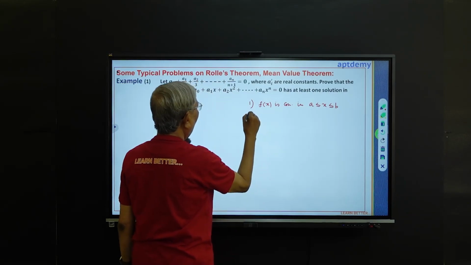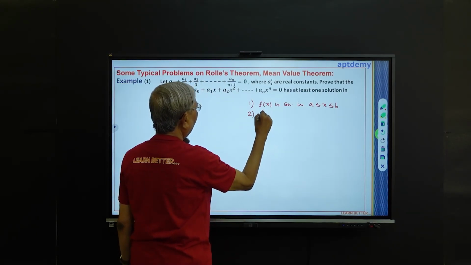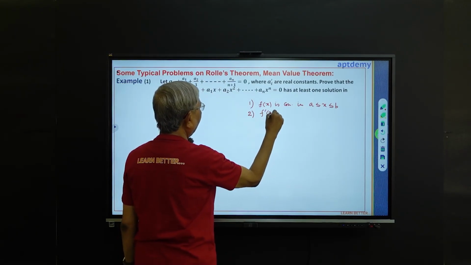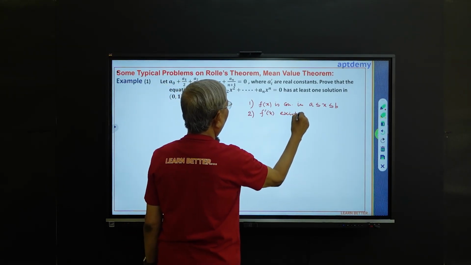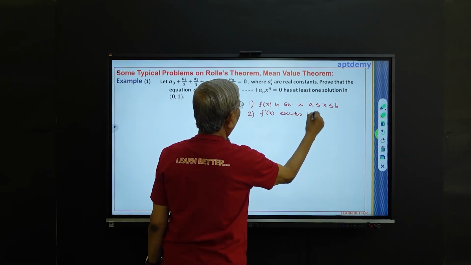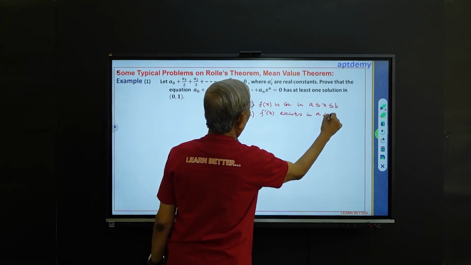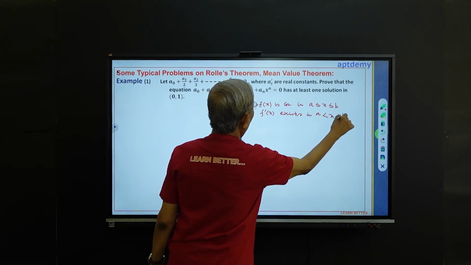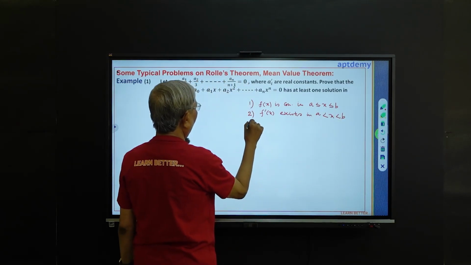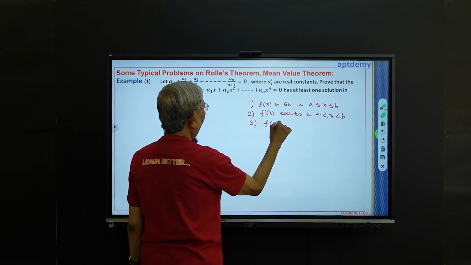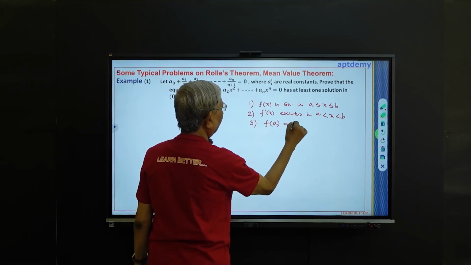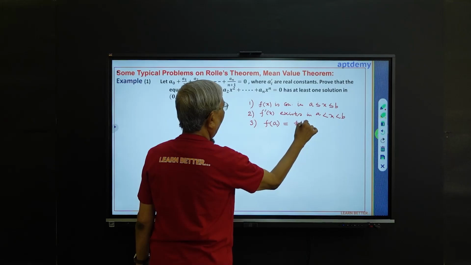Number two, if f dash x, the derivative of f(x), exists in the open interval a less than x less than b. And the third condition for Rolle's theorem is that the value of the function at the two extreme points, that is f(a), equals f(b).